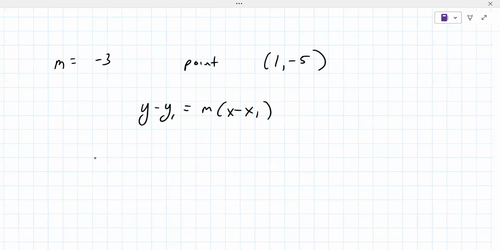Y plus 5 equals -3 times (x minus 1). Is there anything about that you found difficult or you feel like would be difficult to remember? No. Okay, good.